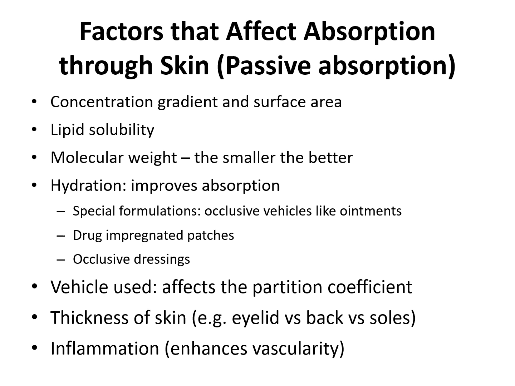Now remember the factors that affect absorption through the skin. This is mainly a passive absorption, obviously. So the concentration gradient, the surface area, remember these, the lipid solubility, because it has to go through cell membranes. The smaller the molecule, the easier its transport and diffusion. In general, on the skin, hydration improves absorption of drugs.